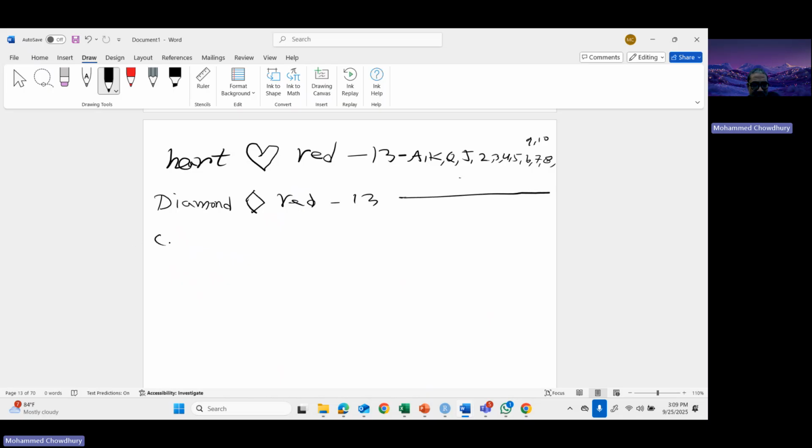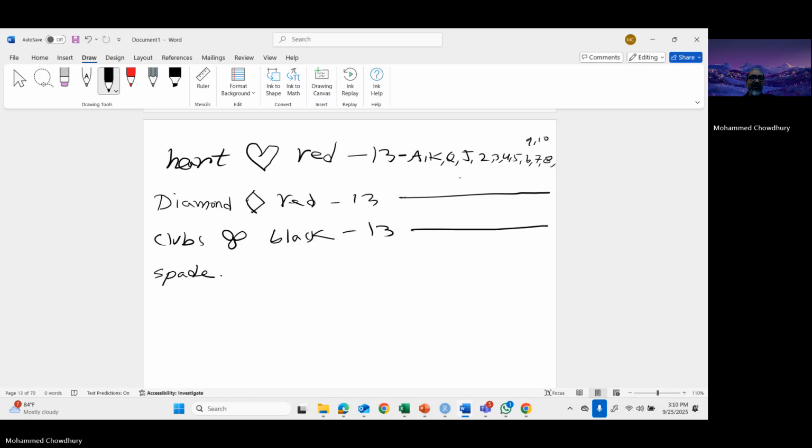And then there is clubs. Is this spelling right, clubs? So clubs look like this, right? And it's black, with 13 cards like this. If there is an exam question, remember these things. Heart, diamond, clubs, and then there is another one, spade.